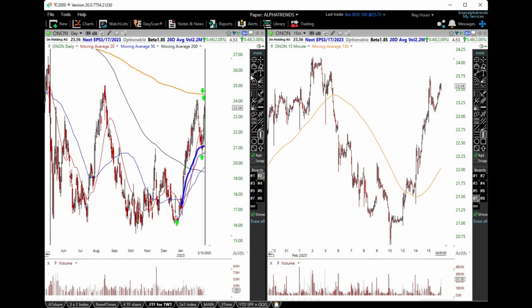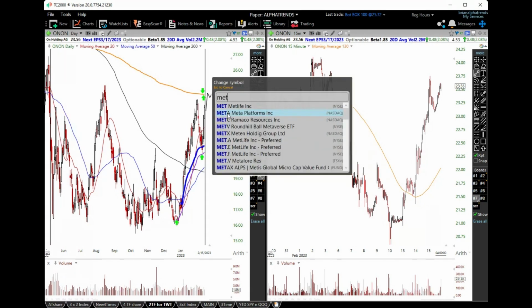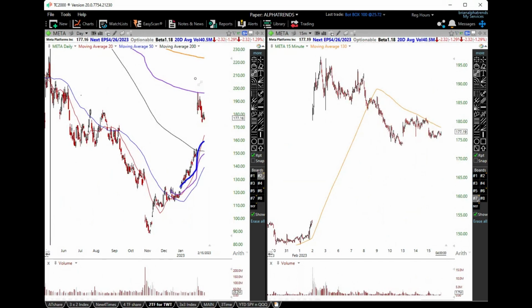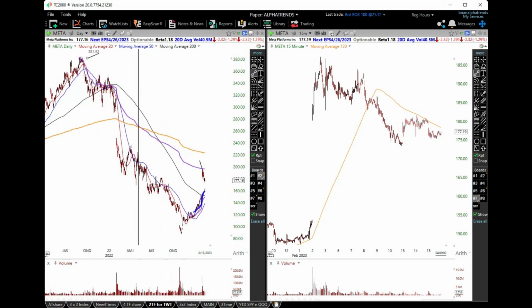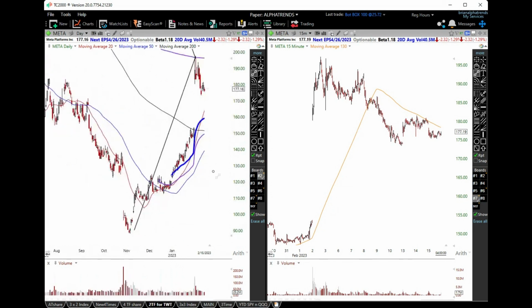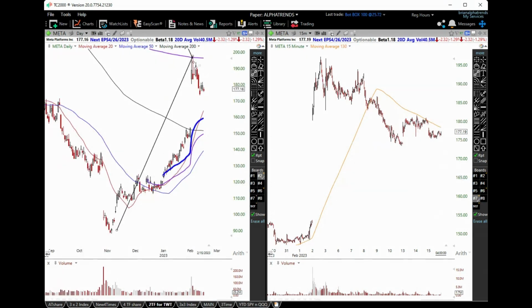And I don't think it has to halt there, but it's a level of interest where it's going to maybe do something like this, pull back and give me another entry over here, similar to the way I called this one on the day that Meta reported earnings right here. I said, who's buying up here? This is the average price since the all-time high after the stock just doubled. This is not a place to be a buyer. This is a place to be selling.